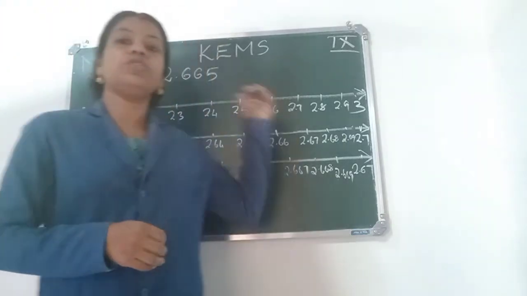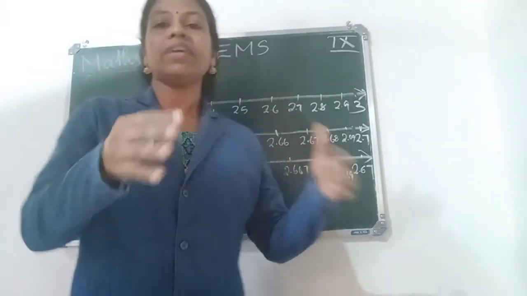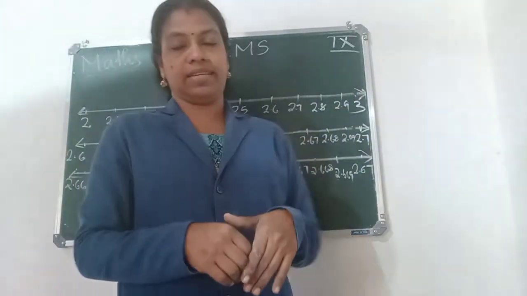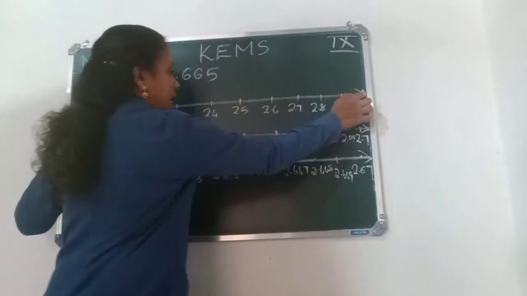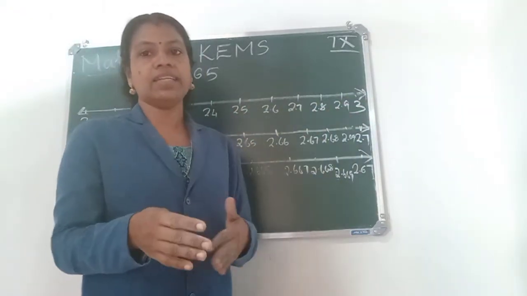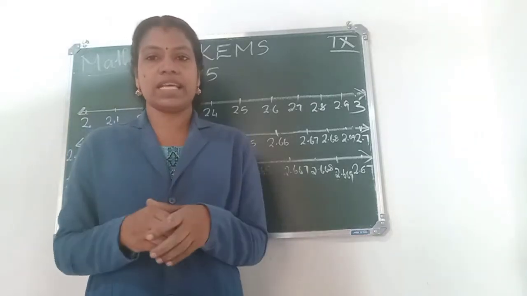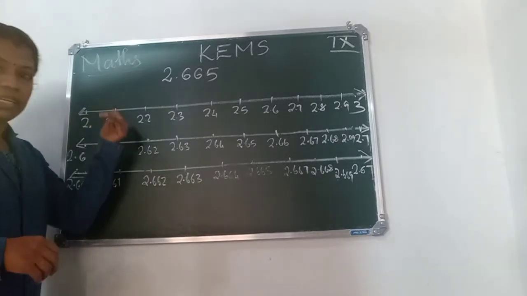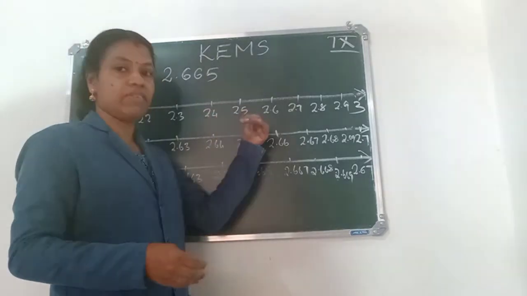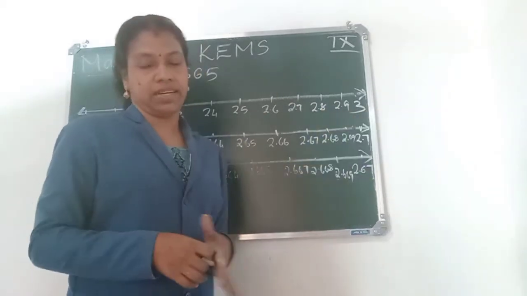So first draw the number line and mark the points 2 and 3, first point 2 and last point 3, and divide the number line into 10 equal parts. Mark the points as 2, 2.1, 2.2, 2.3, 2.4, 2.5, 2.6, 2.7, 2.8, 2.9 and 3.